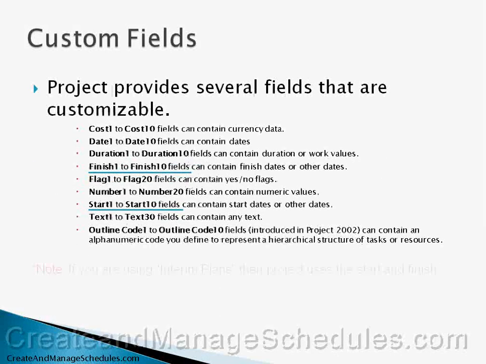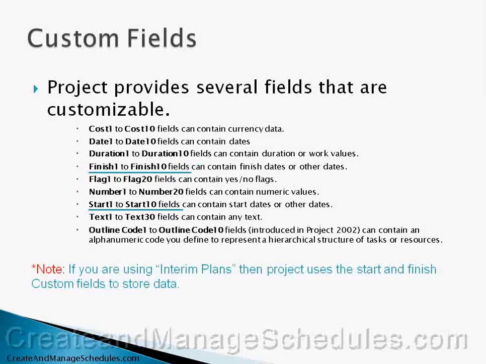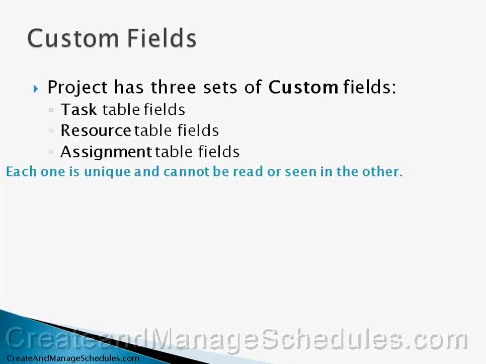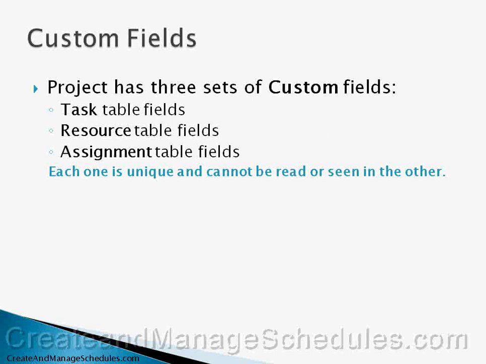However, it's important that if you're using interim plans, then Project actually uses the start and finish fields to store data. So keep that in mind if you're working with interim plans in your project schedule. Now, Project has three sets of custom fields: the task table fields, resource table fields, and assignment table fields.